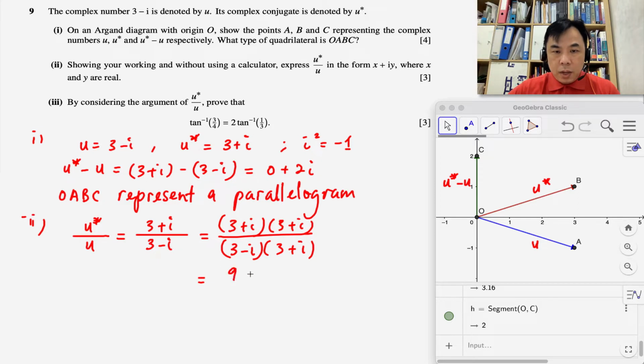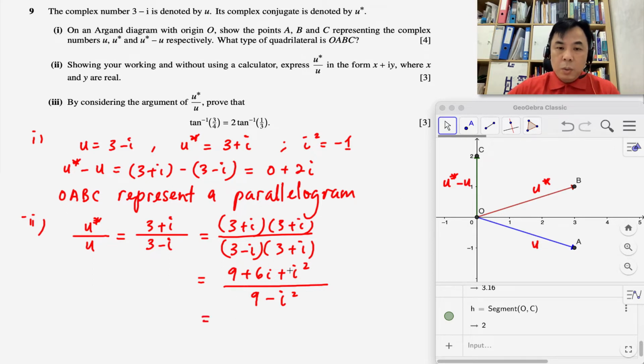This one is a 9 plus a 6i. You can see that quite easily. And then lastly, you have i squared. The denominator is 9 minus i squared. As I mentioned before, i squared is -1.